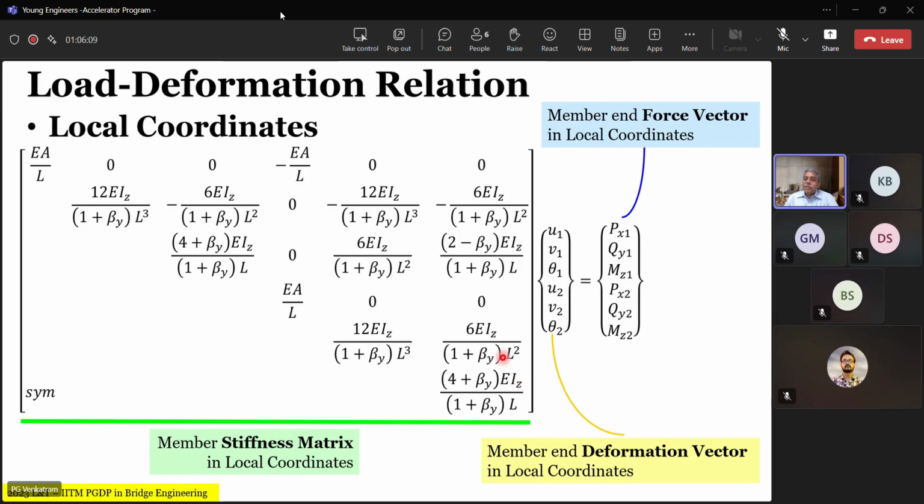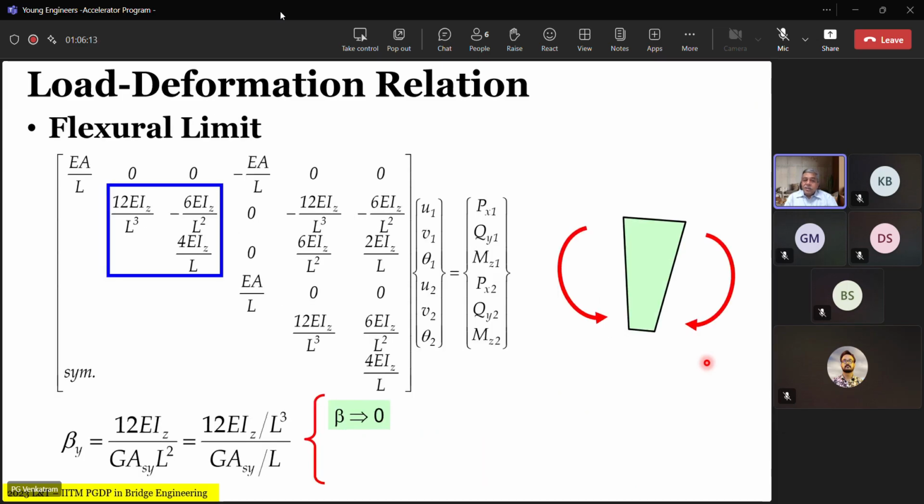Let us say that our beta tends to 0. When will beta tend to 0? When we are essentially saying that our shear stiffness is extremely large.